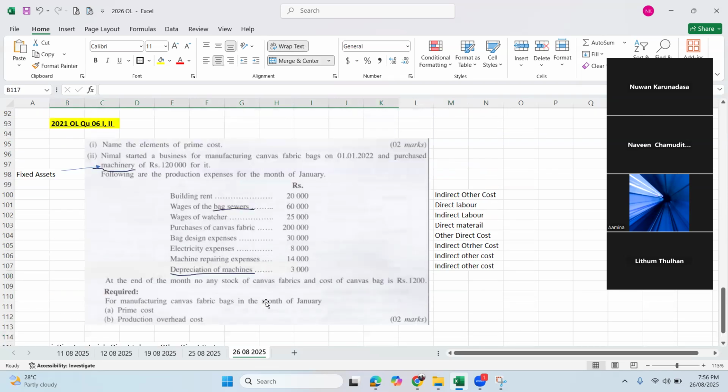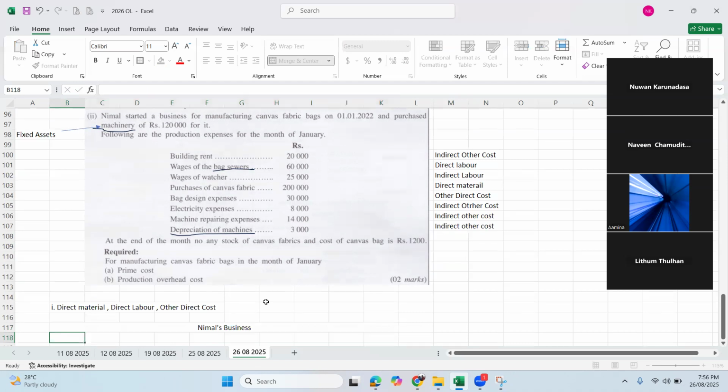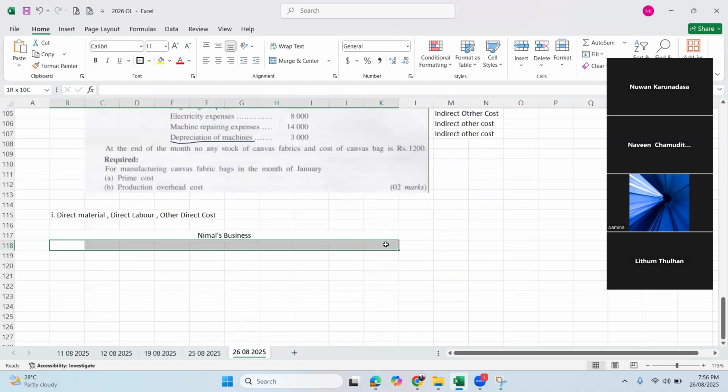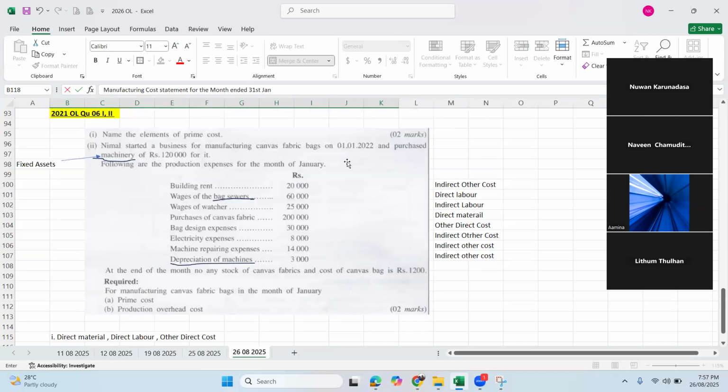You need to write the name of the business, Nimal's business, manufacturing cost statement for the month ended 31st Jan 2022.